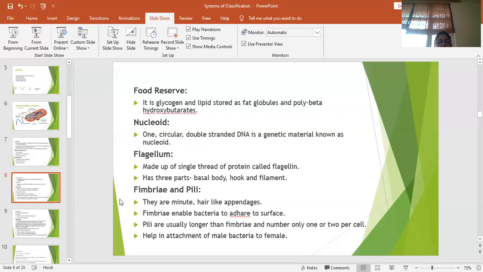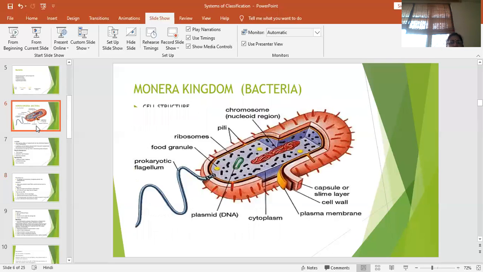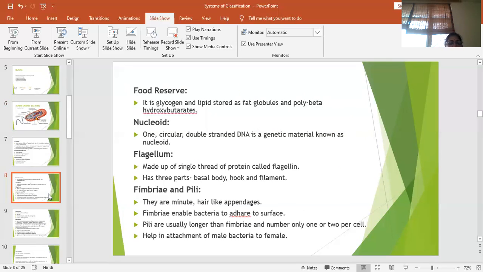Along with the flagellum, bacteria also have tiny hair-like appendages, as you have seen in the diagram, these small spiny structures, which are known as villi or fimbriae. The difference between flagellum and villi is that flagella number is less and their size is longer than villi or fimbriae.